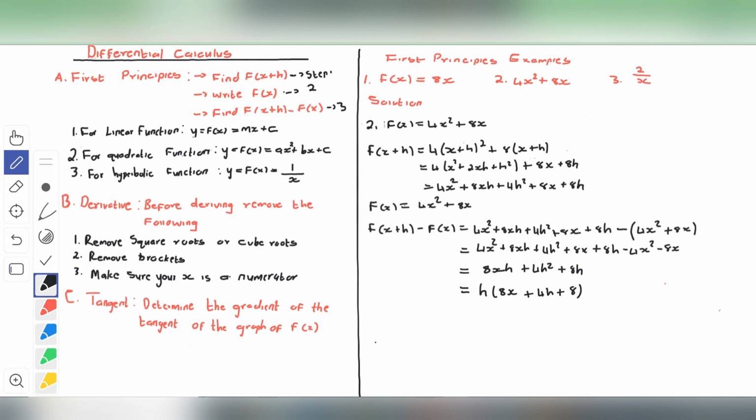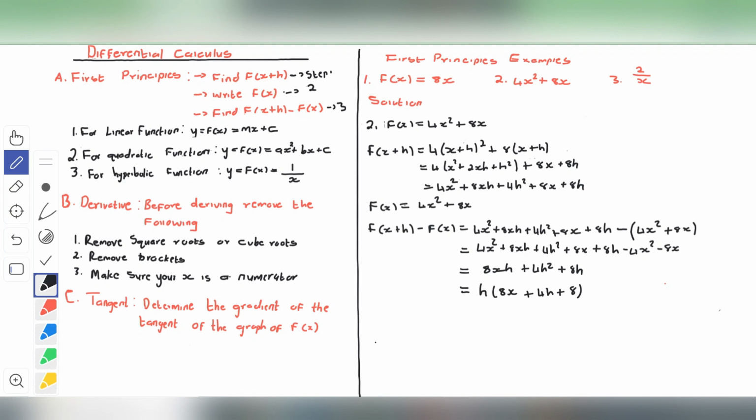It is important. If you can't, let's say you had something like plus 8x, it means you made a mistake. Go to check your f of x plus h minus f of x carefully where you made a mistake, because you must be able to take out h as a common factor here, right, from all the terms.